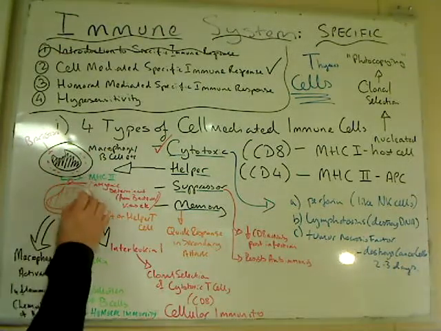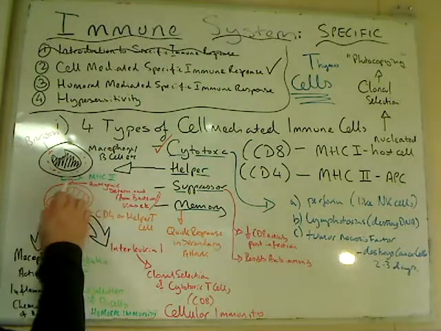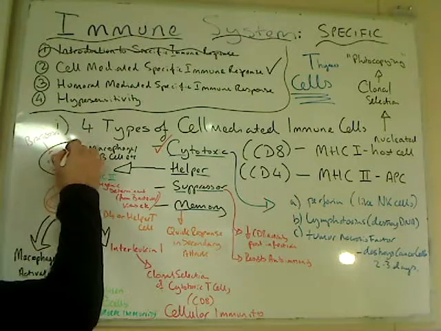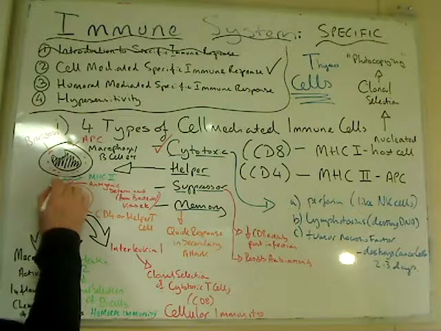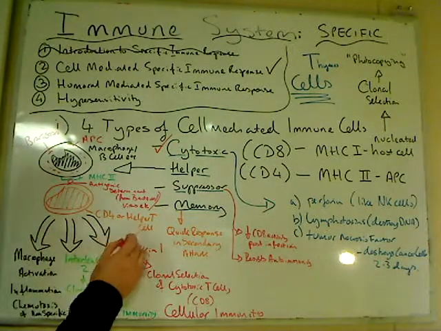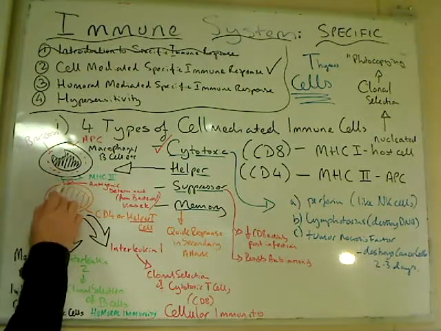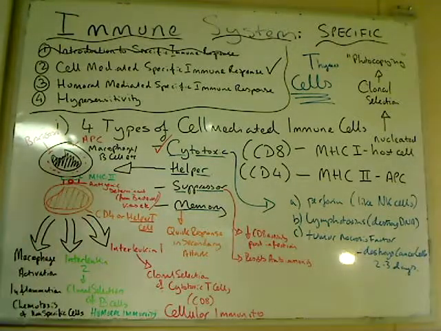There's the major histocompatibility complex class 2, and that's sitting on the surface. So this macrophage has now become an antigen presenting cell because it's presenting the antigen from the bacteria on its MHC2. The helper T cell, CD4, is able to bind onto this and then look at what this is.